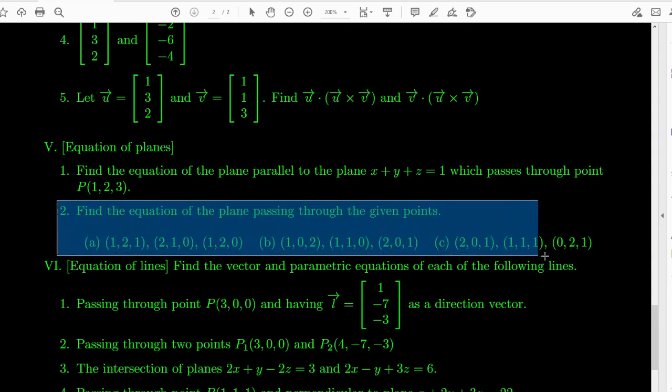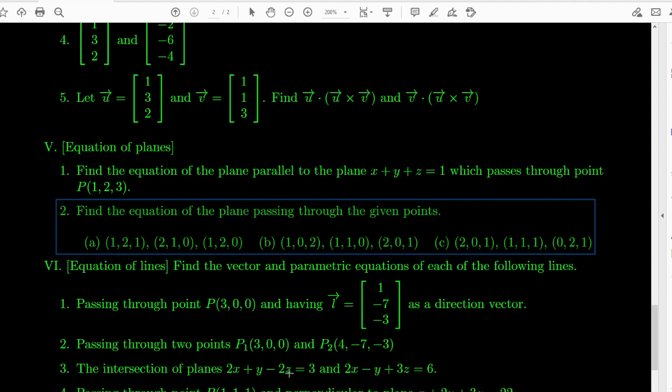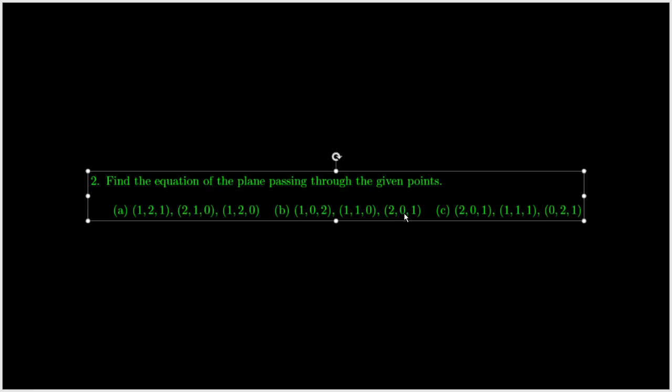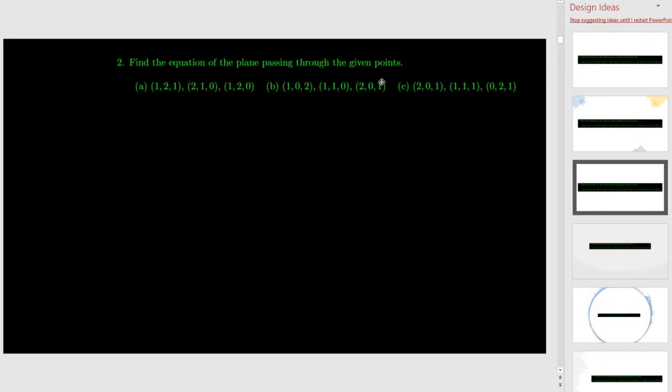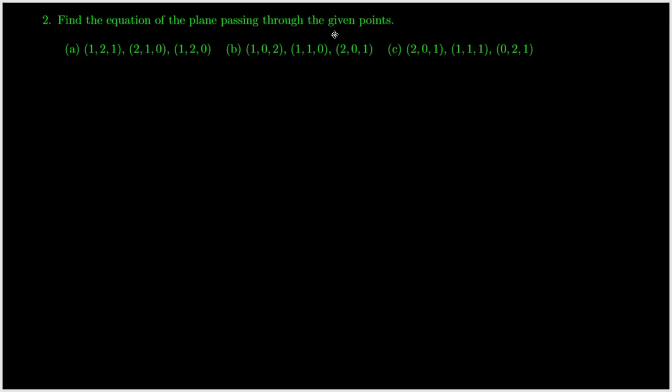I'll copy the entire question. On the midterm, I'm pretty sure you're going to see a question like, you're given 3 points. I'm looking for the equation of the plane. Something like this. We'll work on question A first. Okay, now the solution to question A.